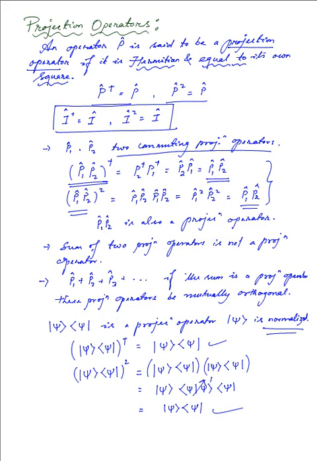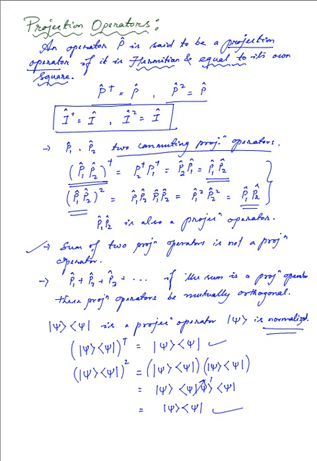We already have the product to be a projection operator, but if we have two projection operators, their sum is not necessarily a projection operator, which was the second property that we studied. The third property tells us how they can be made to be a projection operator, that is the sum.